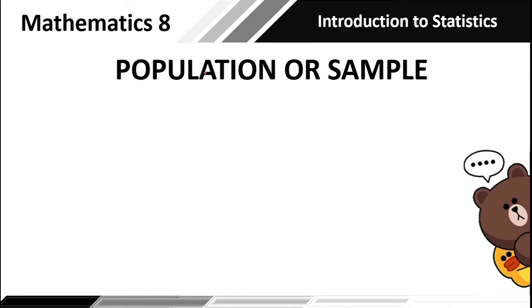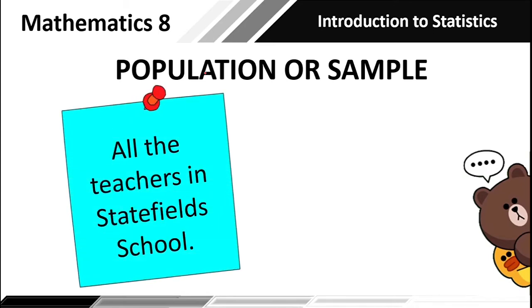Now let's identify whether the given example is population or sample. All the teacher in Statefield School. In this example, there is the word all. Automatically, that will be considered as population.